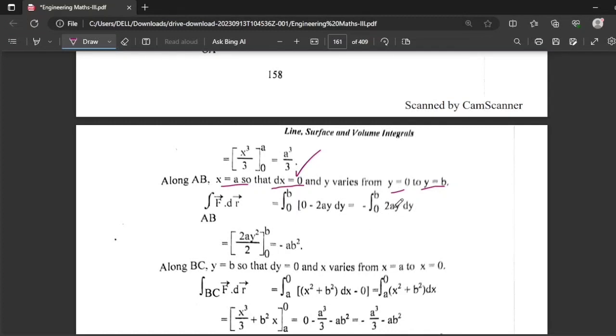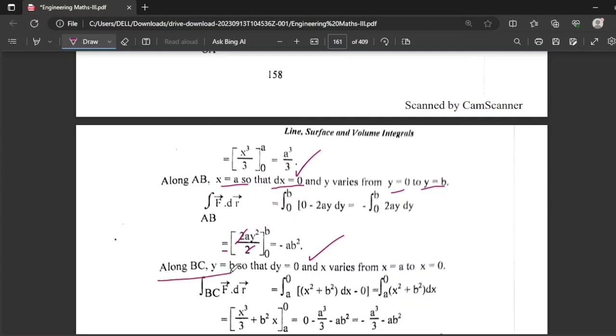So the derivative of 2a is a constant, and the integral of y is y square by 2. 2 and 2 will cancel, so it is minus a y square. Plugging the upper limit, y is b, so minus a b square, and the lower limit will be 0.